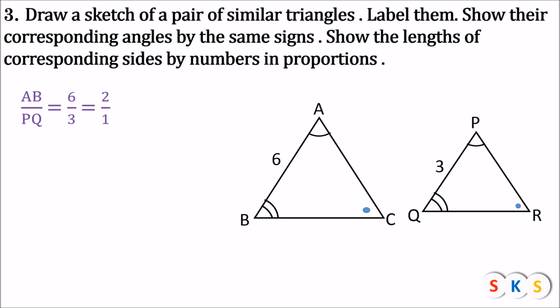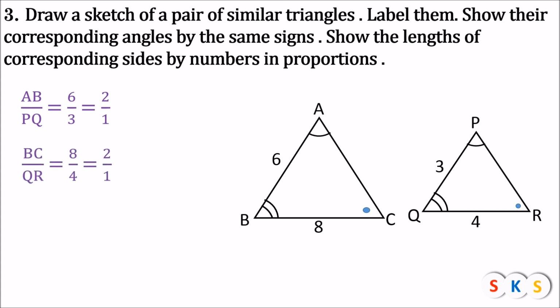Similarly, I have taken BC as 8 and QR as 4, such that the ratio of these two sides is also 2 upon 1. BC upon QR equals 8 upon 4 equals 2 upon 1. Similarly, we take the lengths for AC and PR such that the ratio of those two sides is also 2 upon 1.